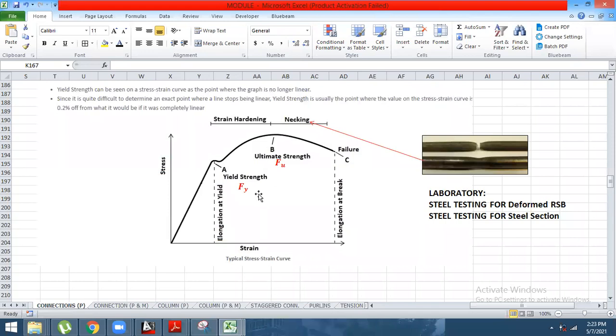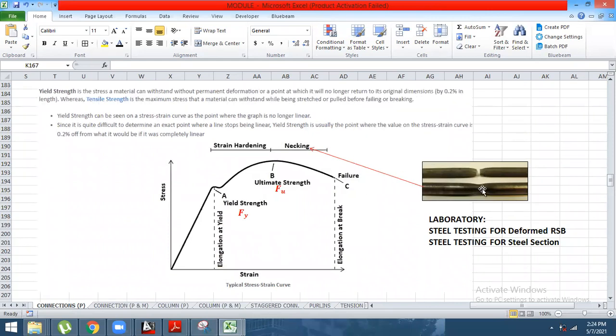At Fy, which in solving problems is commonly 245 megapascals, or 415 for grade 60, it will not yet deform. However, if we continue to stretch this steel bar in the universal testing machine, you may experience this when you go on site as project engineers or inspectors.